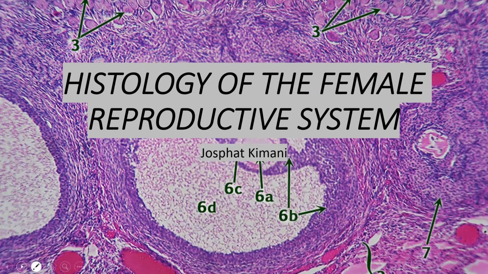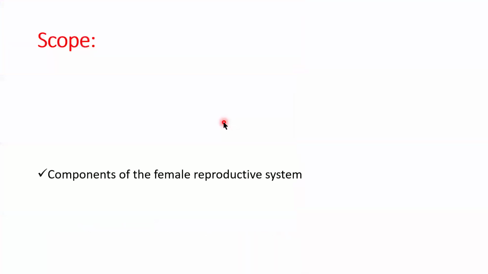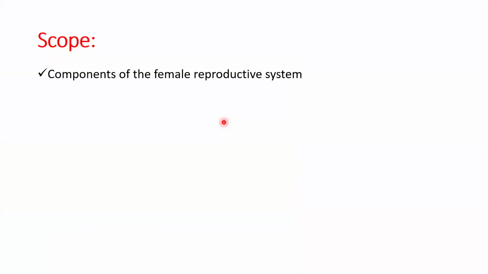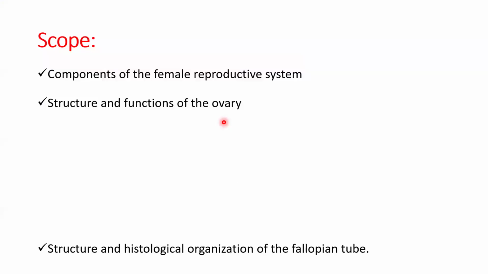So, at this point, the objectives for our session today will be talking about the components of the female reproductive system, then the structure and functions of the ovary. So we look at its structure, then also talk about its function.